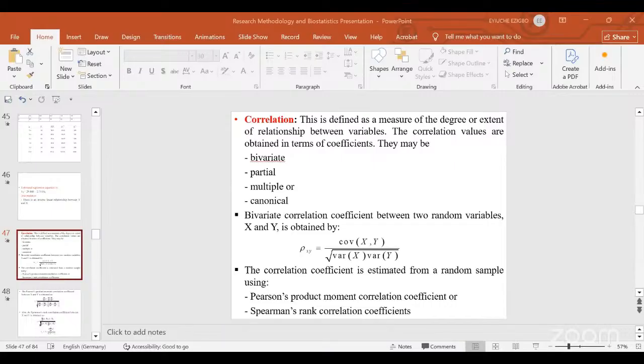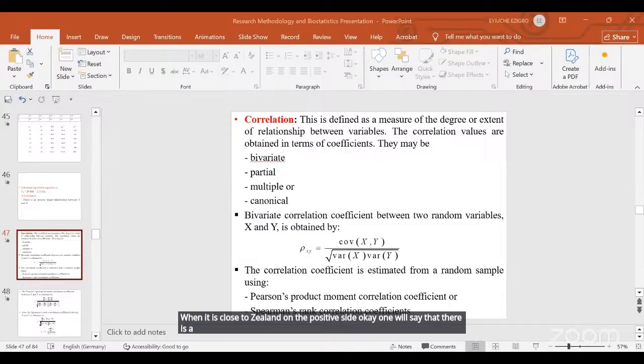When it is close to 0 on the positive side, one may say that there is a poor positive relationship.